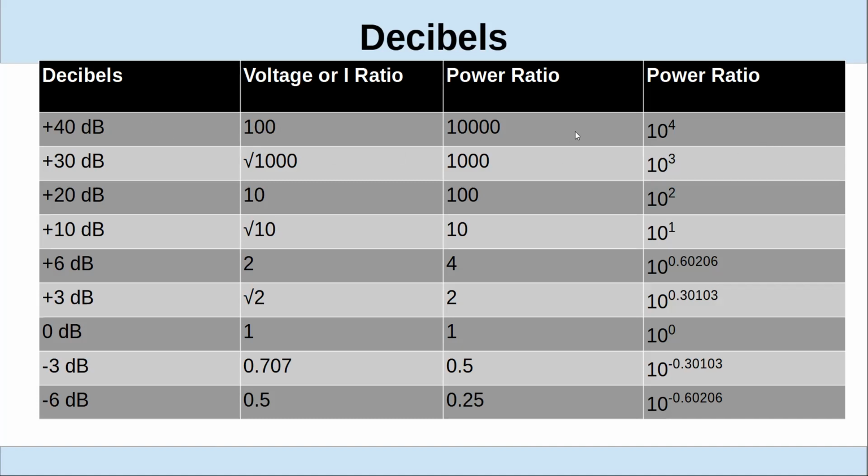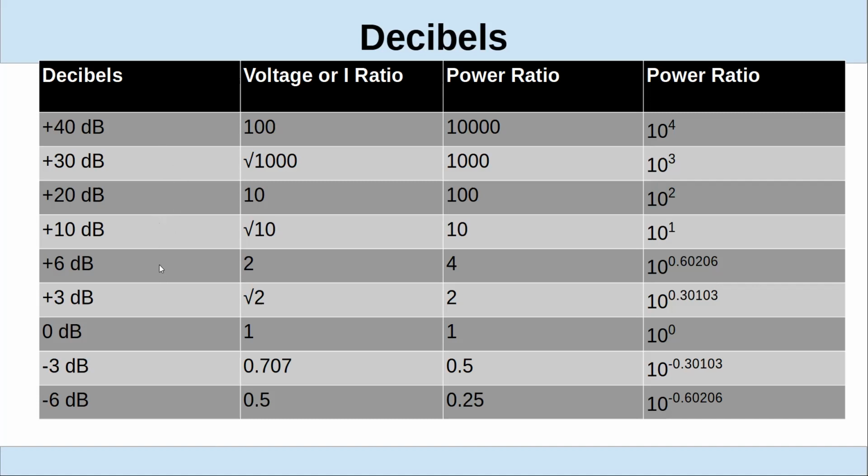So when you do the decibel, and you take that log and you multiply it by 10, you get 40. Because if you remember the other chart, the log of 10 to the 4 was going to be 4. So 10 times 4, so we get 40 dB.